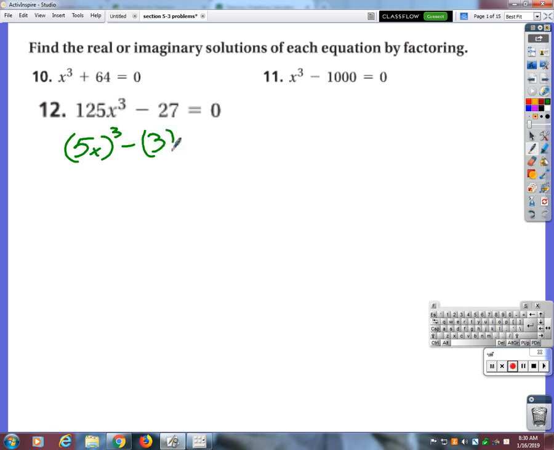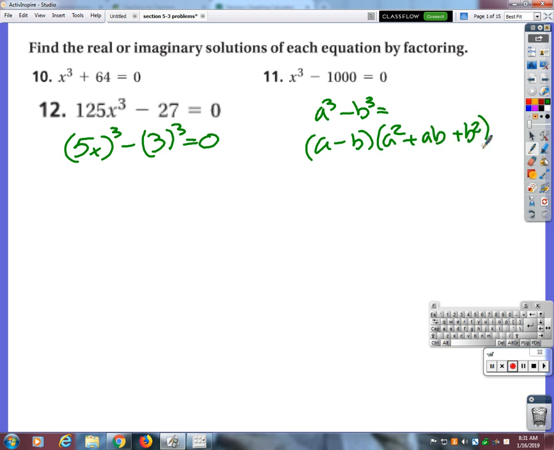In this case, we're going to use that factor pattern that says a cubed minus b cubed equals a minus b times a squared plus ab plus b squared. Since a is 5x and b is 3, the first part is going to be 5x minus 3.